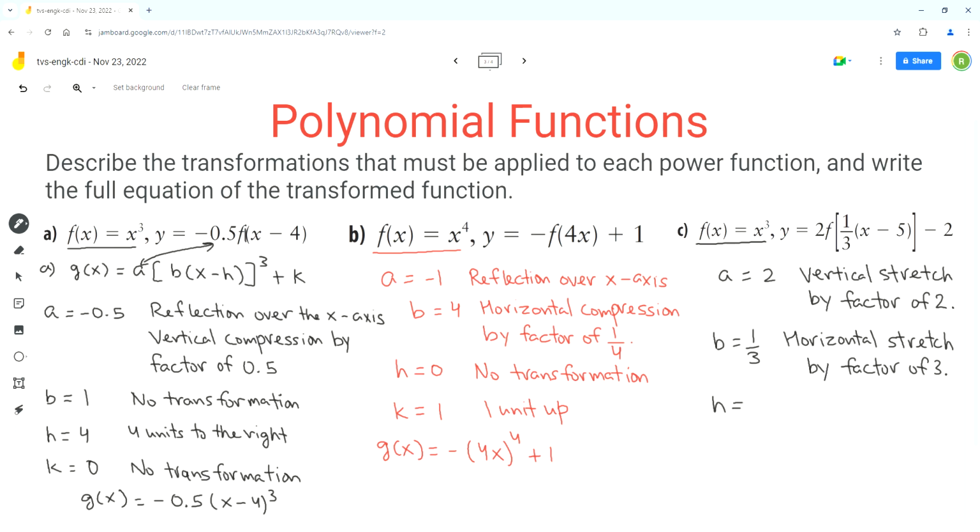Since there is a negative sign in the parentheses in the transformed function, h value is positive 5. There is a horizontal translation 5 units to the right. K is equal to negative 2, the number being subtracted from the f function. As a result, there is a vertical translation 2 units down.